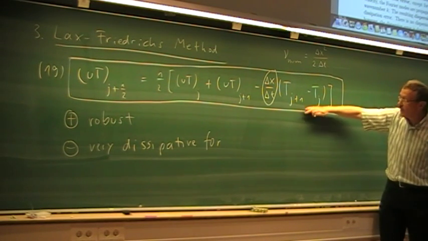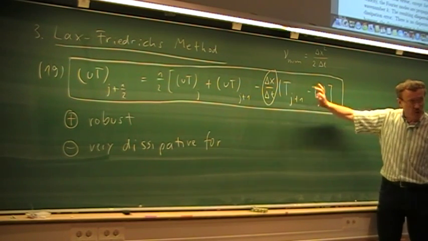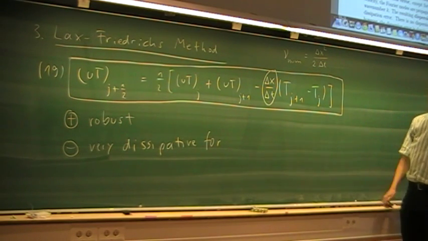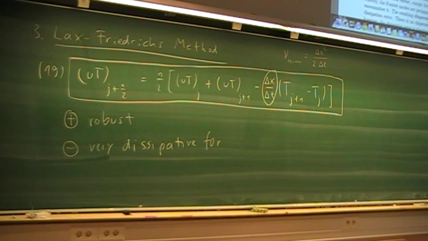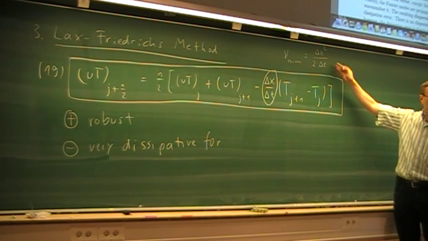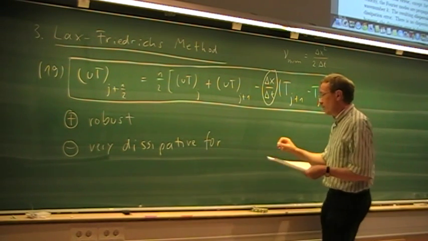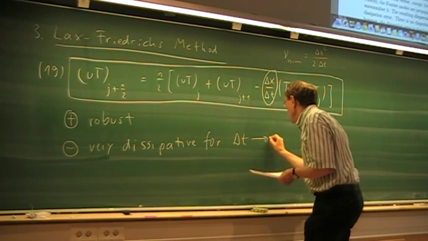When we divide by delta x, we see the approximation of the du/dx, and this is then the numerical viscosity. And you see the problem. The problem occurs when you let delta t go to 0. Then you get a really large numerical viscosity, and that smears everything you have. So the whole physics is gone. You should be careful with that when delta t goes to 0.